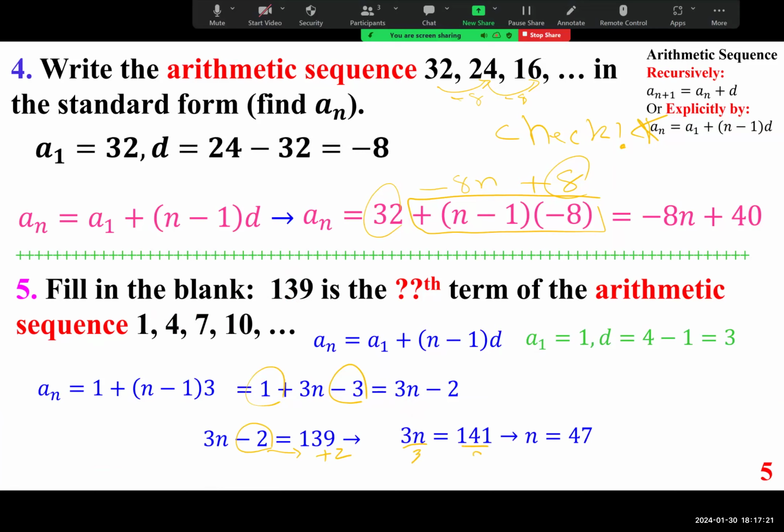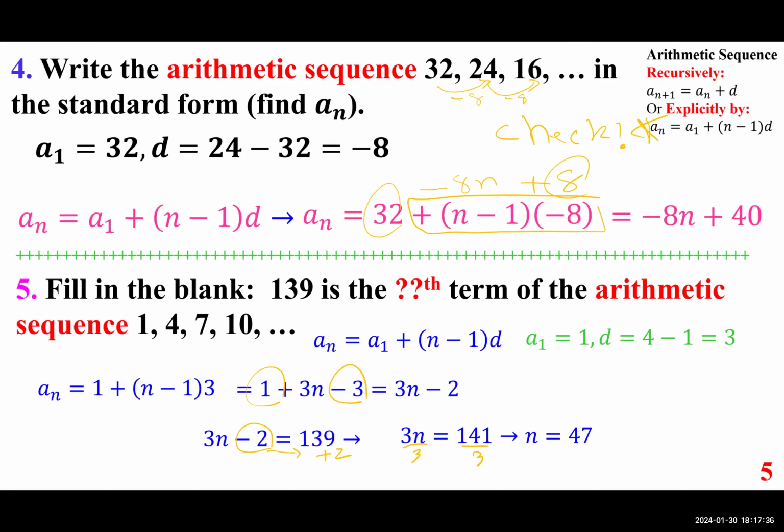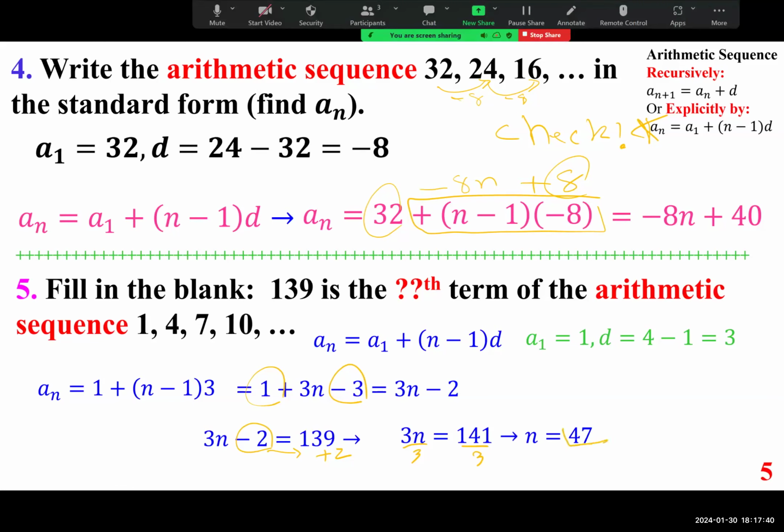You divide by 3, and n becomes 47. So 139 is the 47th term.